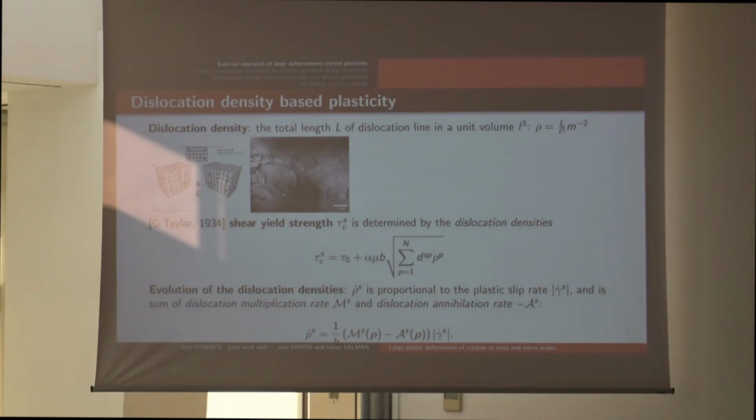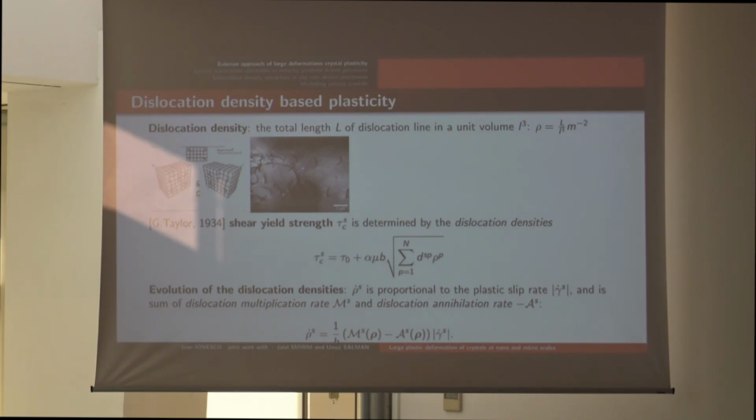What we have to add is another parameter, the dislocation density, which will give you the evolution of the yield limit of each slip system. This dislocation density is a parameter in continuum mechanics, but it can also be measured sometimes.